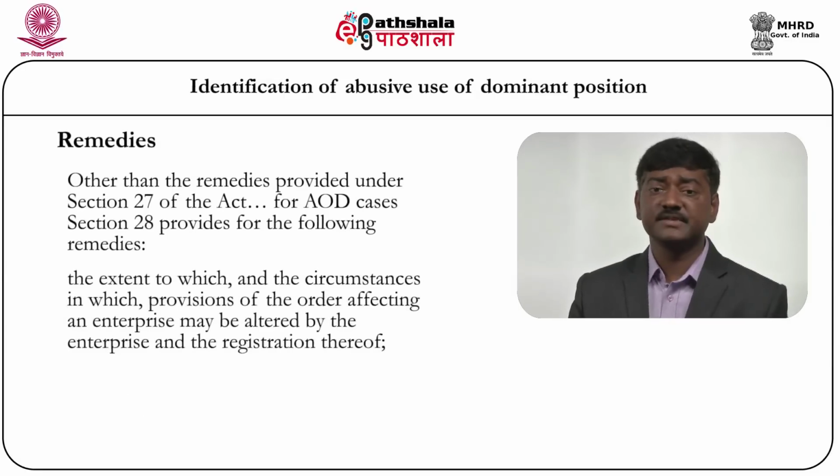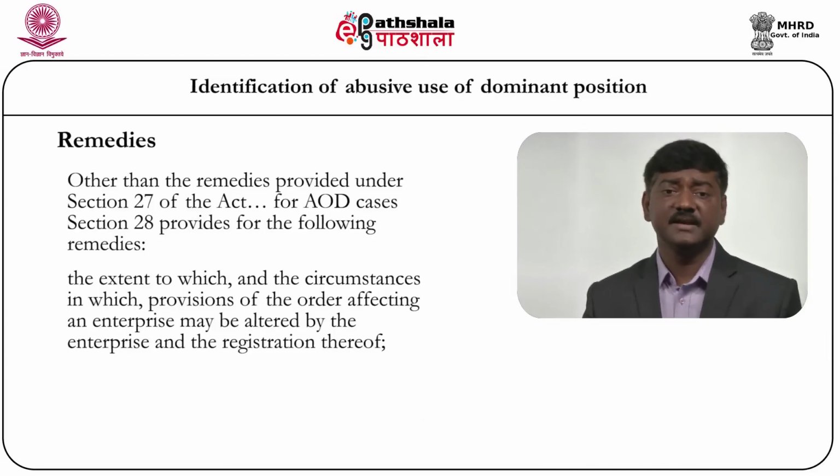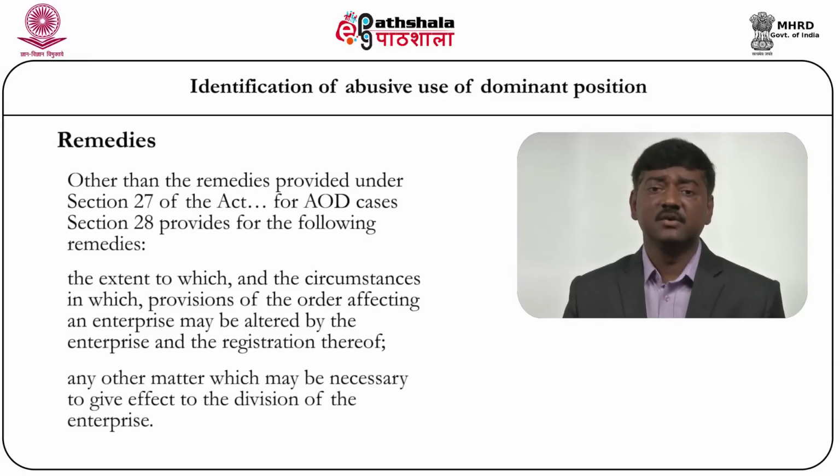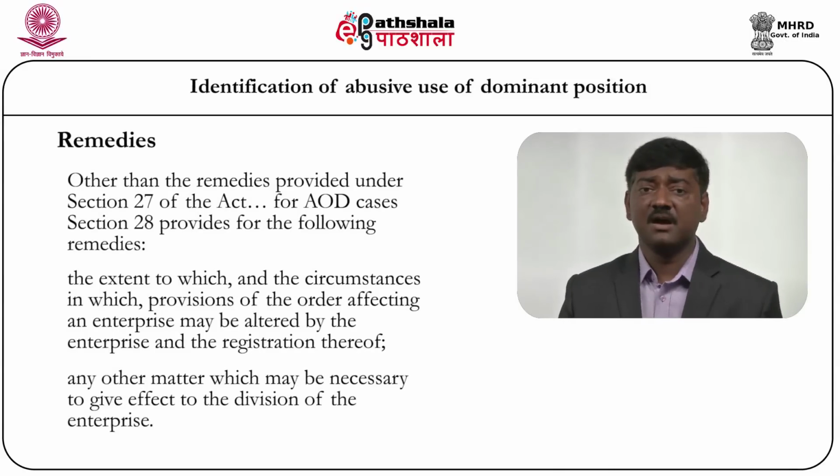Then the extent to which the circumstances in which provisions of the order affecting an enterprise may be altered by the enterprise and the registration thereof, and any other matter which may be necessary to give effect to division of the enterprise. So, these are the remedies provided under section 28 of the Competition Act in relation to abuse of dominant position.